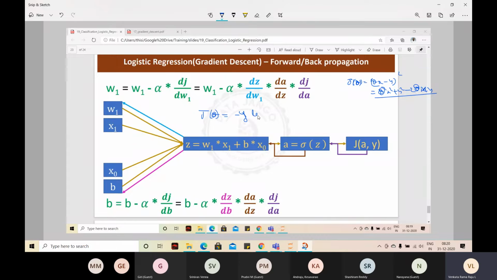Minus y log 1 by 1 plus e power minus (w1 x1 plus b), minus (1 minus y) into log of 1 minus 1 by 1 plus e power minus (w1 x1 plus b).